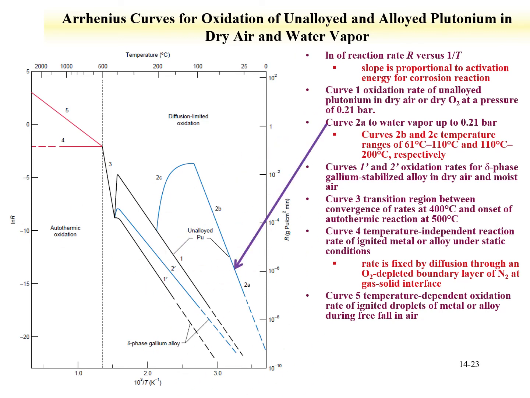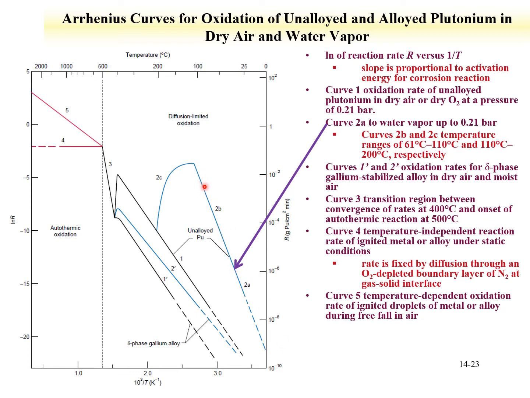This other curve, we have our rates higher at the same temperature. So as we see here, 100 degrees, 200 degrees, this is the inverse of the temperature down here. We see that this includes water vapor up to 0.21 bar. We see that this has been examined over a few temperature ranges.